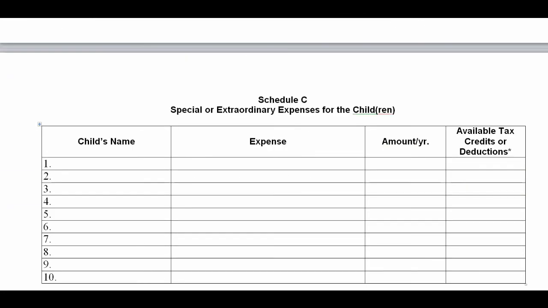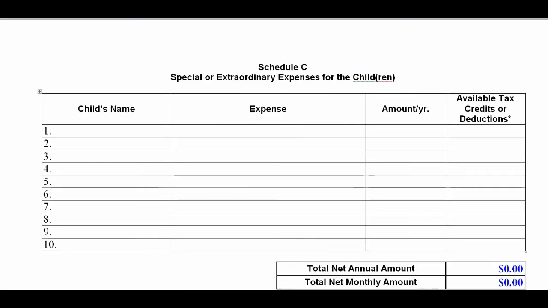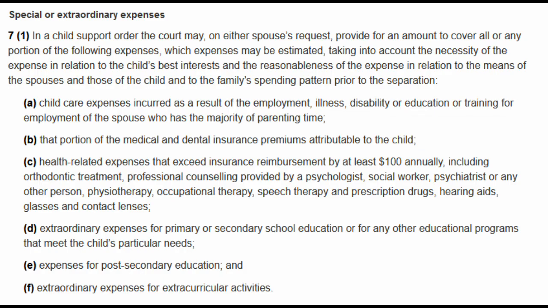In terms of special or extraordinary expenses in Schedule C, this is something that you're not going to be able to complete completely on your own, and that's quite all right. If you're not sure what a special or extraordinary expense is, you might have heard your lawyer say Section 7 of the Child Support Guidelines. It's the same thing.